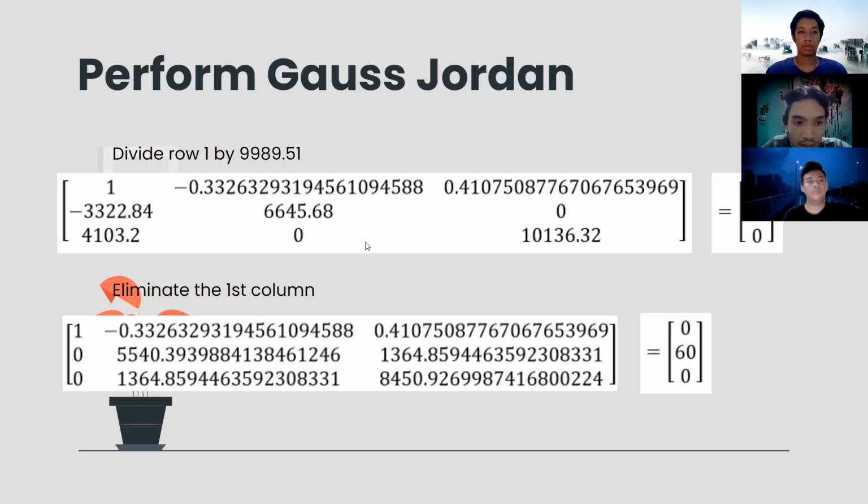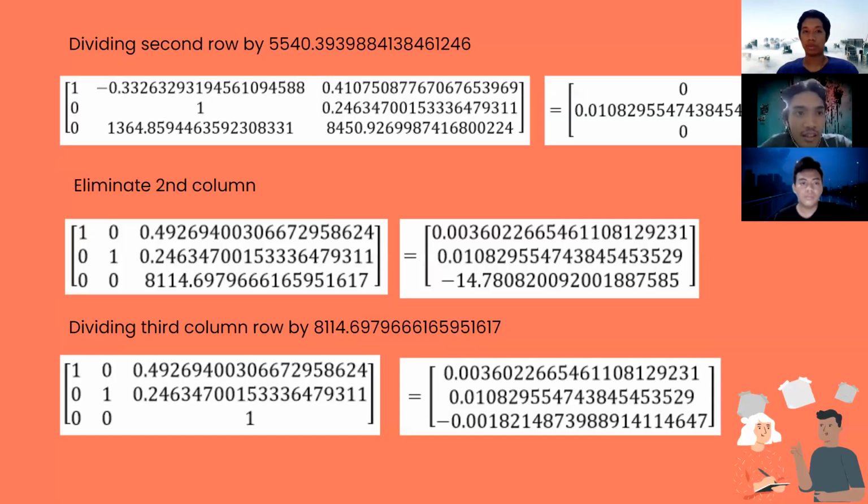So we get the leading one here. The next step is dividing the second row by the exact number and getting the leading one. The next step is dividing the third row by the exact number. So we get the leading one too. Next.